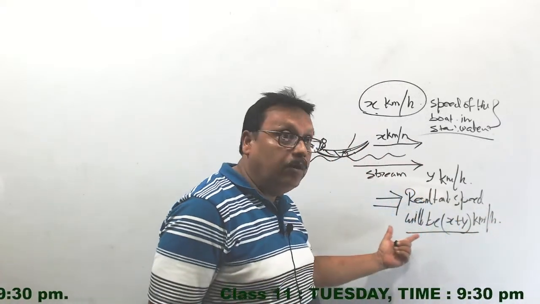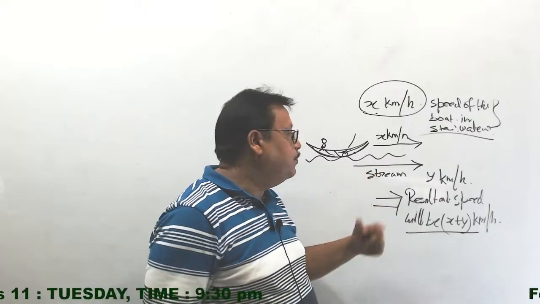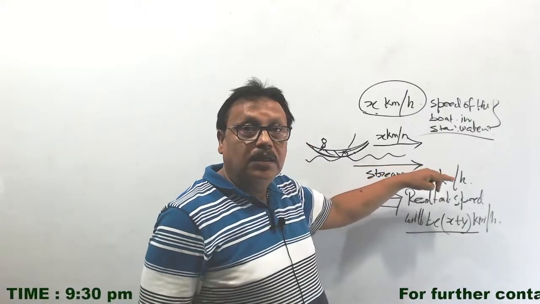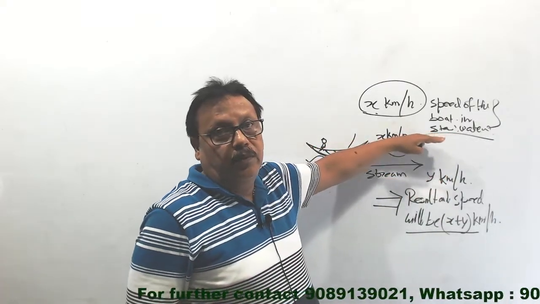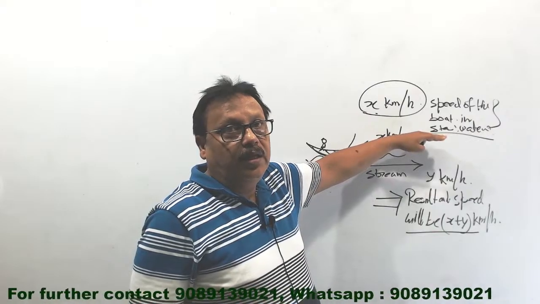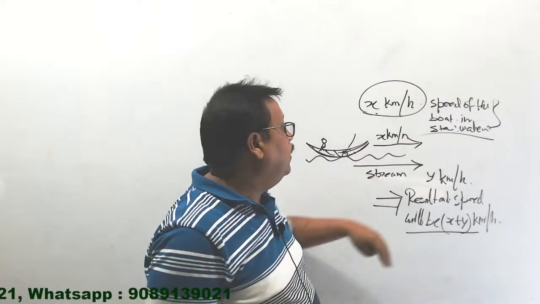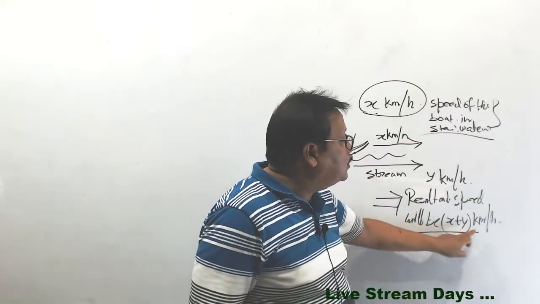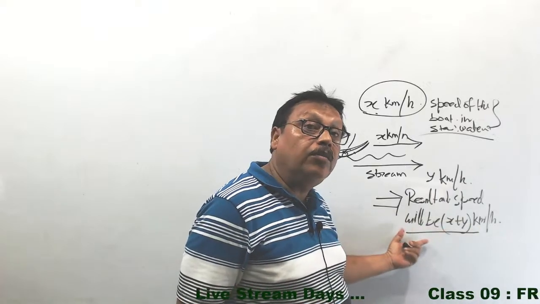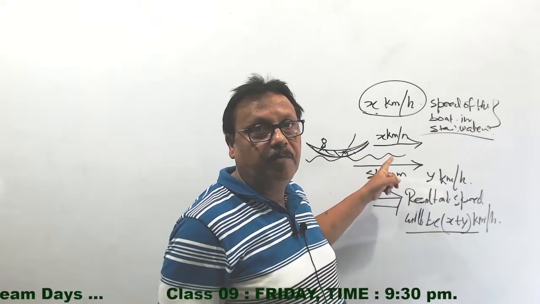It is called downstream speed. If the boat travels along the stream of the river, it is called downstream, and the resultant speed will be x plus y kilometer per hour.